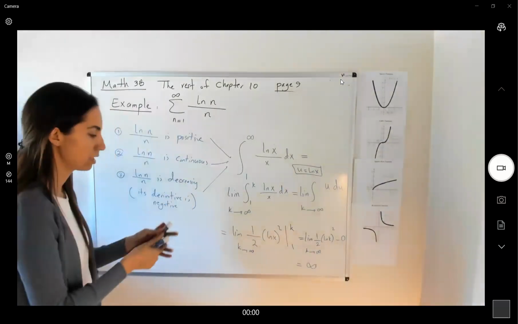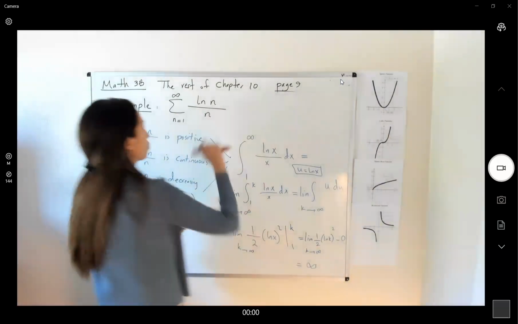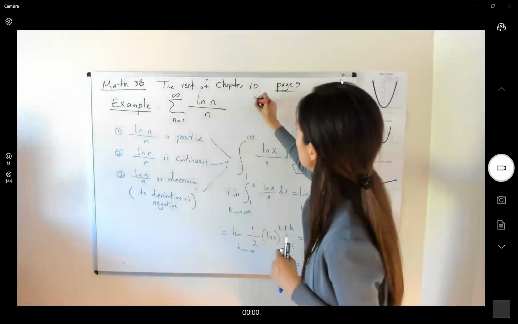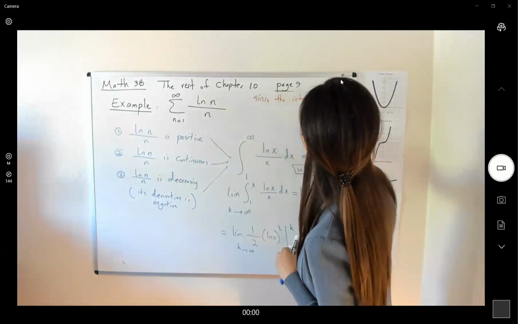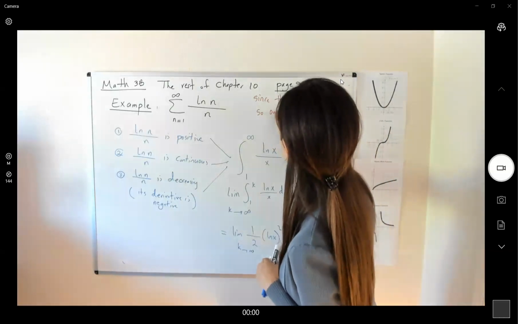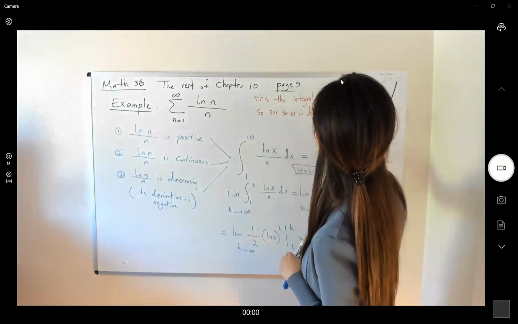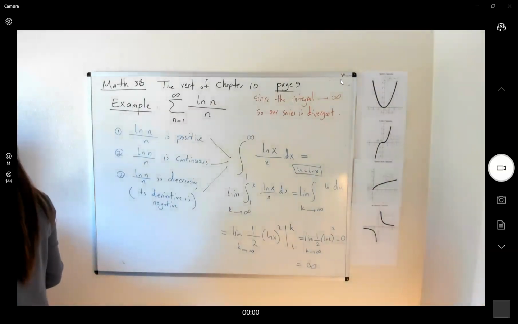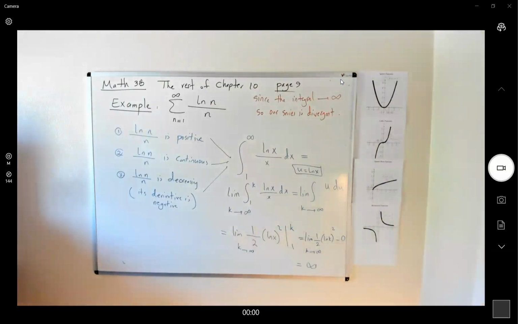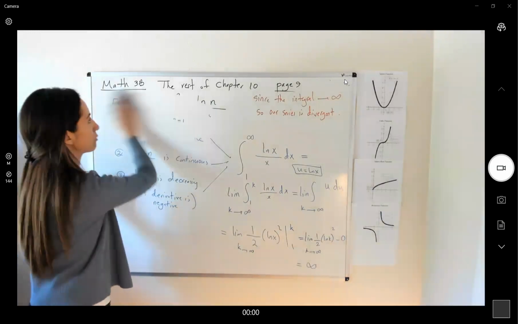So, since the integral goes to infinity, it is divergent, so is our series. Okay, perfect.